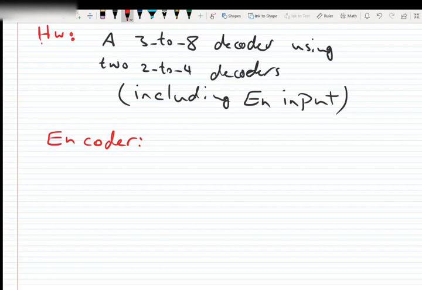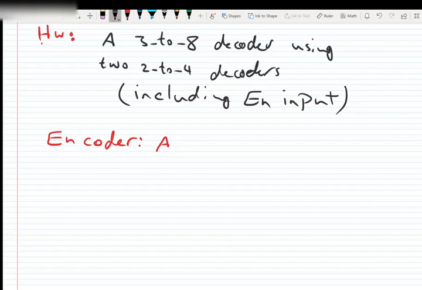It gets one input from 2 to the power of n inputs and generates a compact form of the data. So let's write the definition of an encoder.